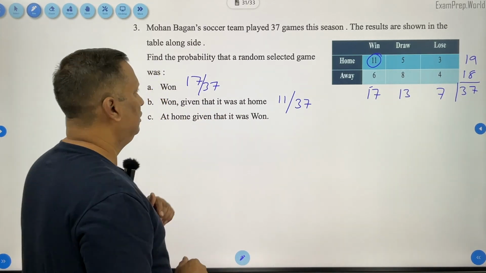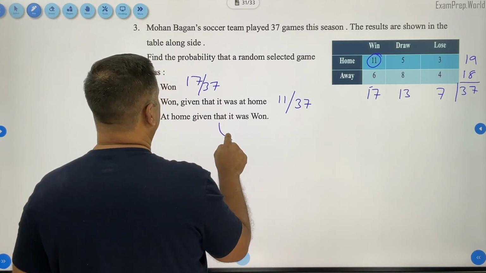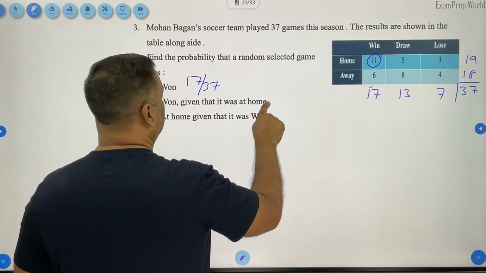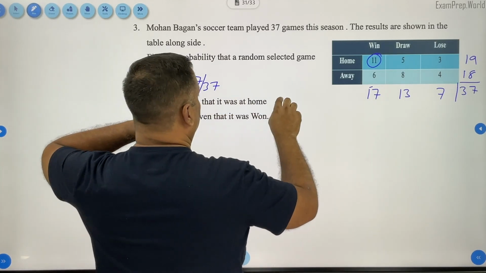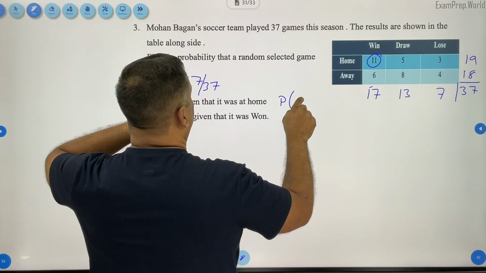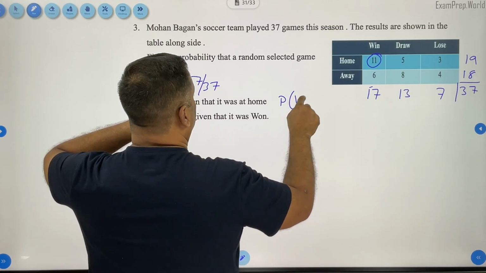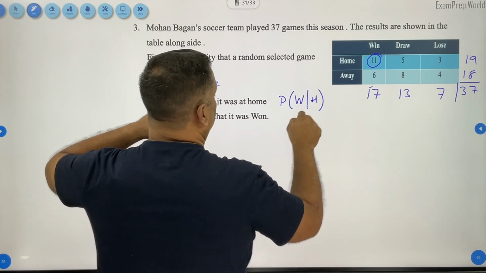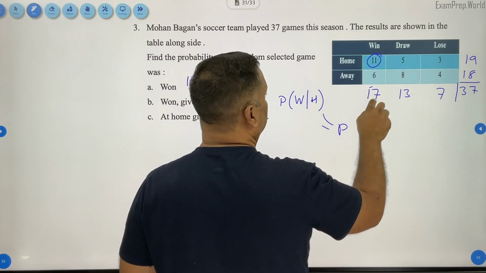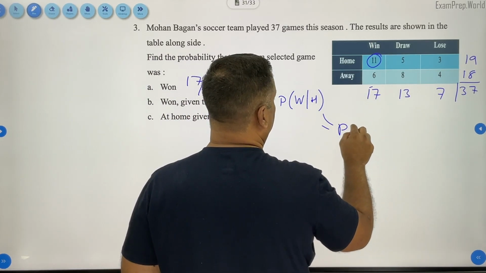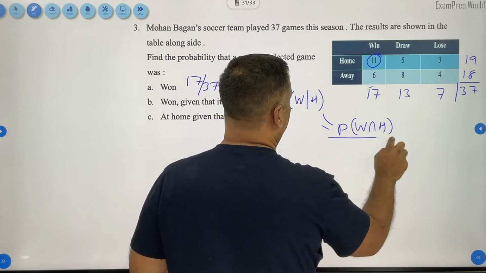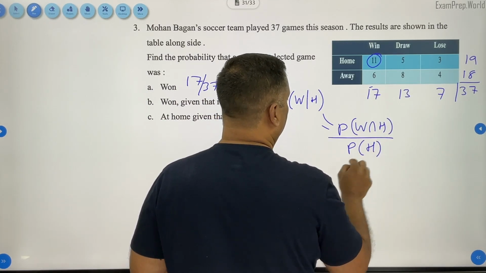So here I will do conditional probability for both. Given that it was won, given that it was at home. So probability of win given home. So this should be win intersection home divided by probability of the game happening at home.